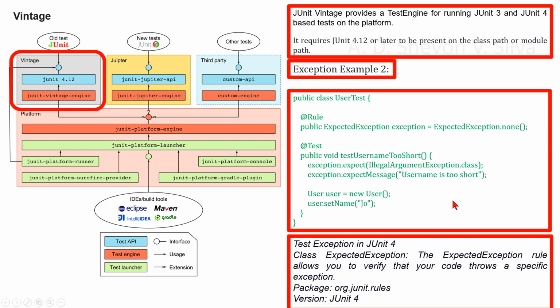As an exception example 2, we can consider this one, test exception in JUnit 4. The class ExpectedException rule, the ExpectedException rule allows you to verify that your code throws a specific exception.